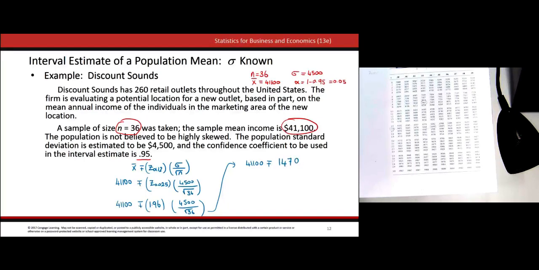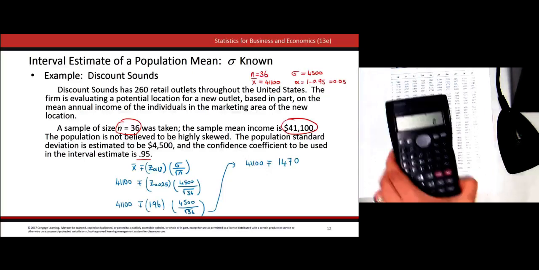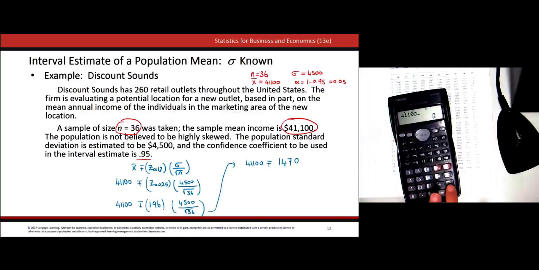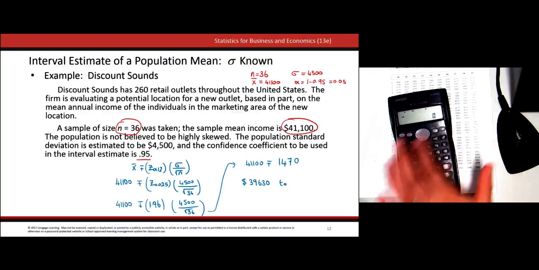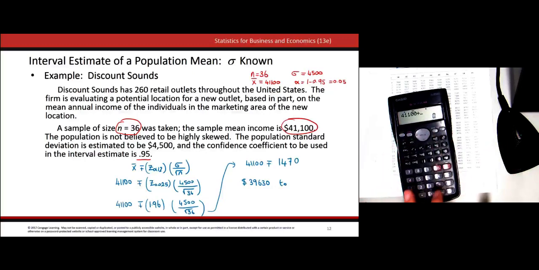Margin of error is 1,470. So what is the lower limit of the interval? Which is x bar minus the margin of error, 39,630, and the upper limit of the interval is $42,570.